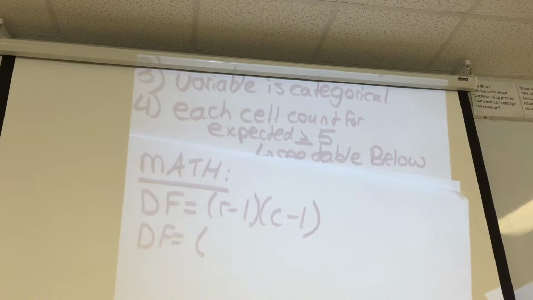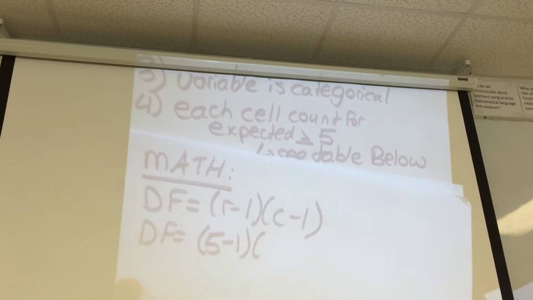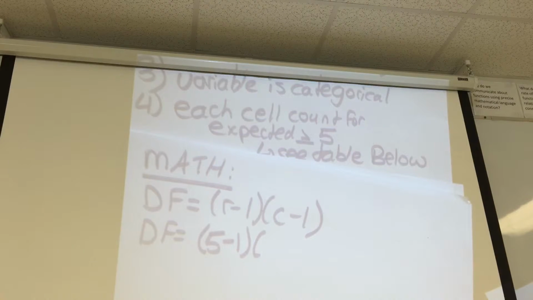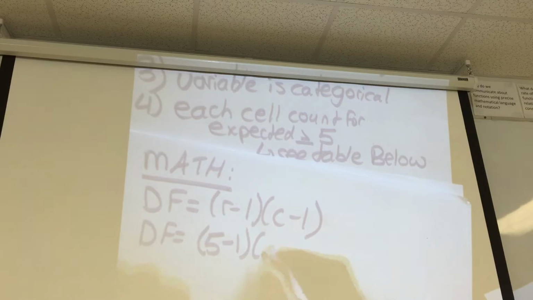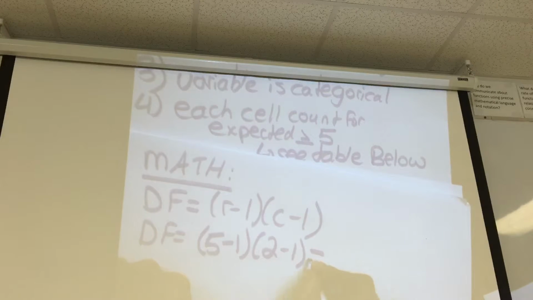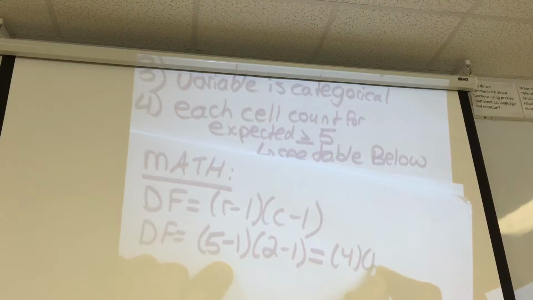So how many rows are there? There's A, B, C, D, F. So 5 different rows. And there are 2 columns, class A, class B. So this is equal to 4 times 1, which equals 4.